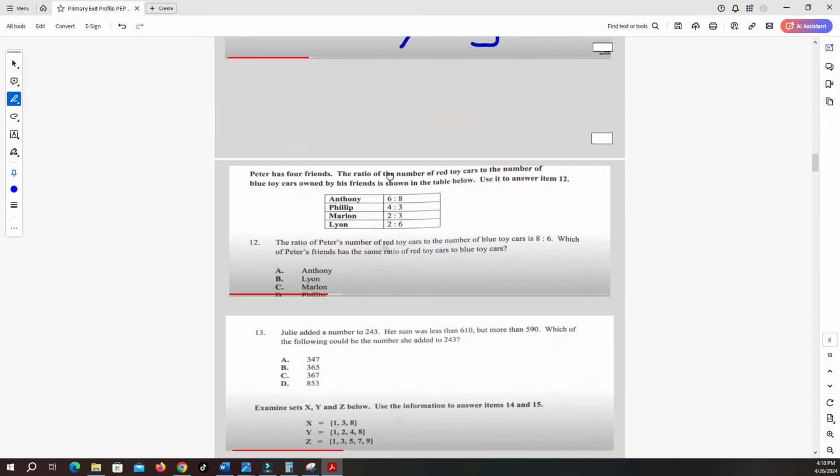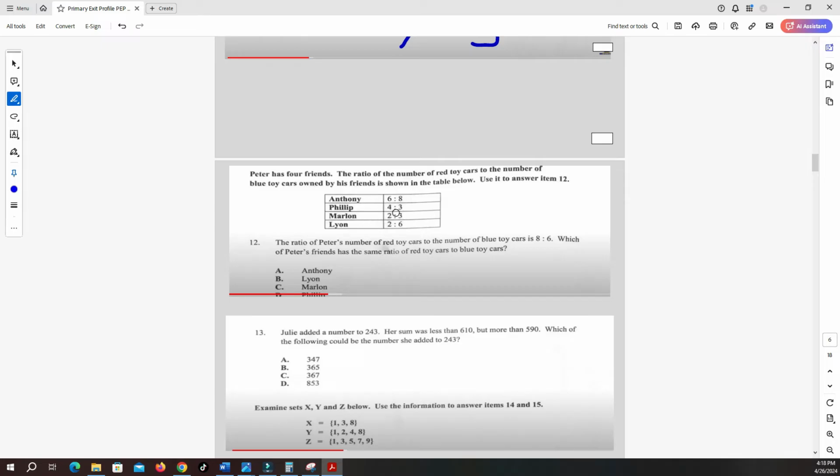Alright, Peter has 4 friends. The ratio of the number of red toy cars to the number of blue toy cars owned by the friends is shown in the table below. Use it to answer item 12. Wait a minute, I didn't read that right. Yes, I did actually. So Peter has Anthony, Philip, Marlon, and Lion.